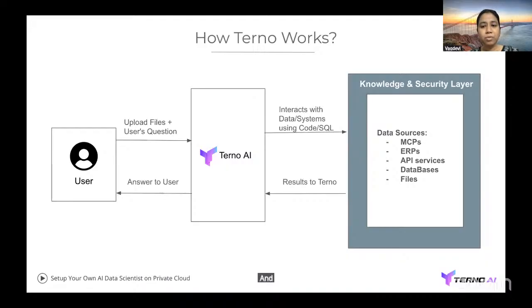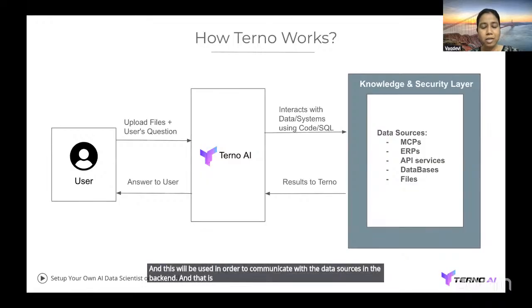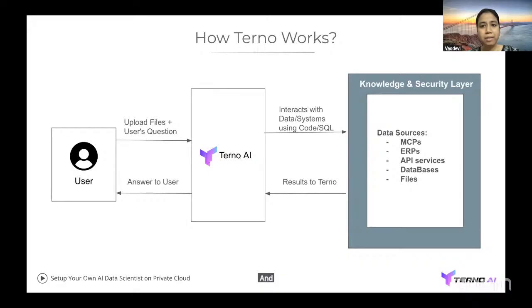This is used to communicate with the data sources in the backend, and that also has a wrapper of knowledge and security layer, which is very essential to grab the knowledge from the data as well as the previous interactions of the user, and also guard the entire data and the knowledge using the security layer.